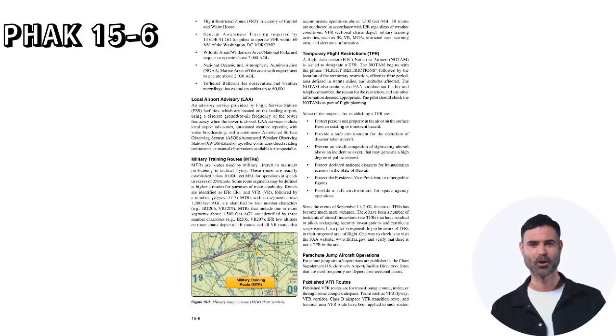IFR low altitude en route charts depict all IR routes and all VR routes that accommodate operations above 1,500 feet AGL. IR routes are conducted in accordance with IFR regardless of weather conditions. VFR sectional charts depict military training activities such as IR, VR, MOA, restricted area, warning area, and alert area information.